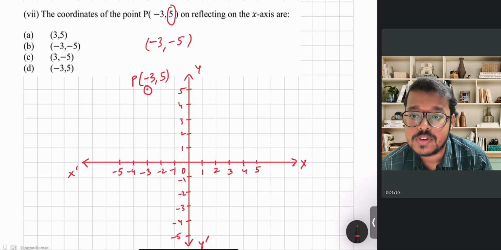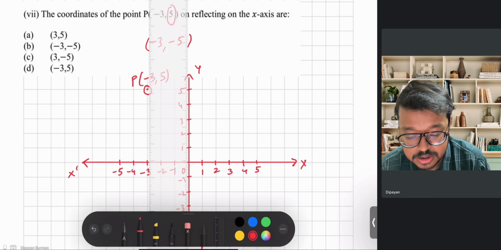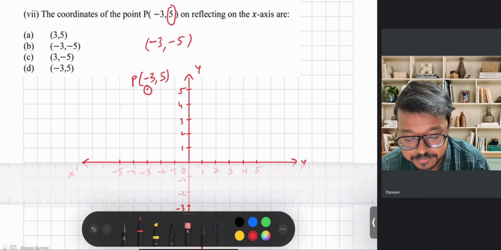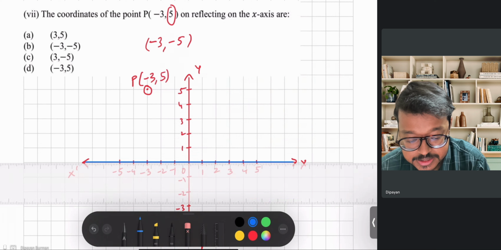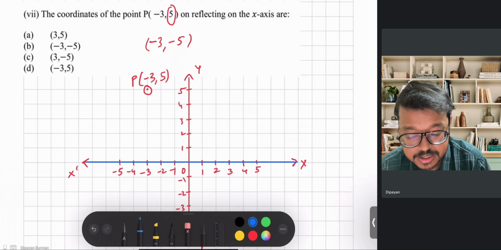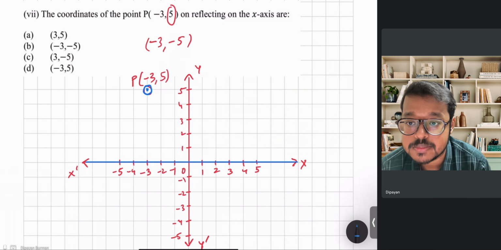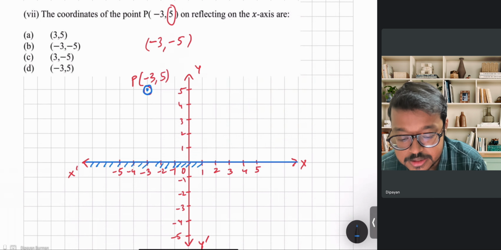Now we are reflecting point P on the x-axis. So we can imagine that the x-axis will act as a mirror. So let's imagine that this x-axis is now acting as a mirror. So my object is at point P with coordinates (-3, 5). X-axis is my mirror and it's a plane mirror.